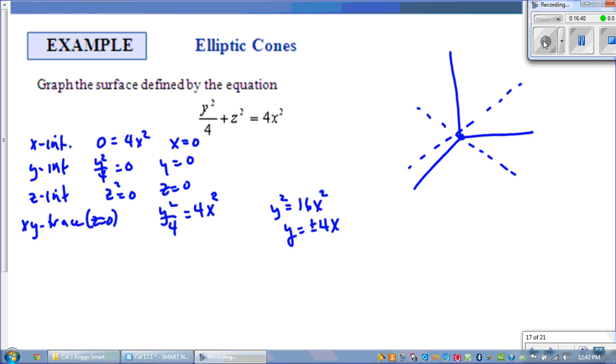Now the YZ trace, likewise will be y equal plus or minus 2z. So it'll be two intersecting lines in the YZ plane. So y equals 2z.